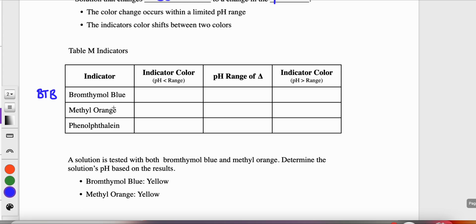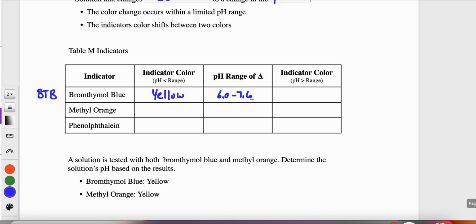Bromethymol blue shifts between its two color choices somewhere between a pH of 6.0 and 7.6. If a drop of bromethymol blue is put into a solution whose pH is less than 6, it is going to turn yellow.